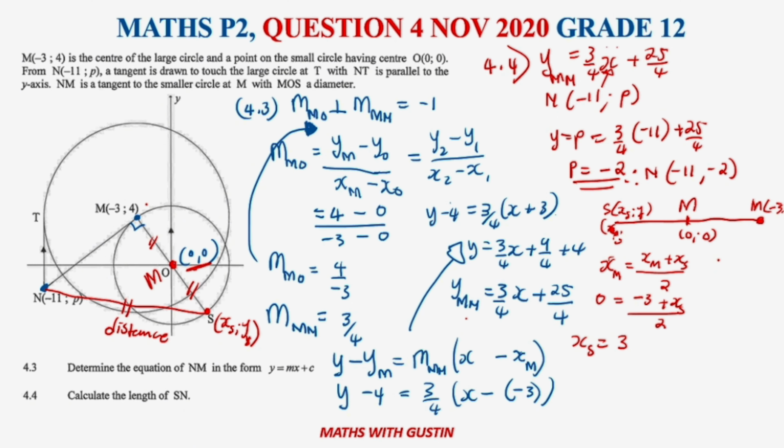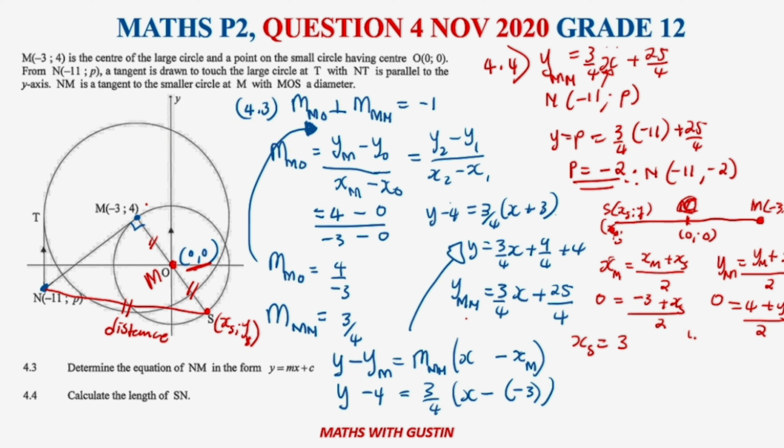The same thing applies with our y value. The y value at the midpoint is equal to y at M, which is this one here. I should have been calling it C, but I hope you can follow, plus y at S, all over 2. So we have 0 there. Therefore 4 plus y S, all over 2.